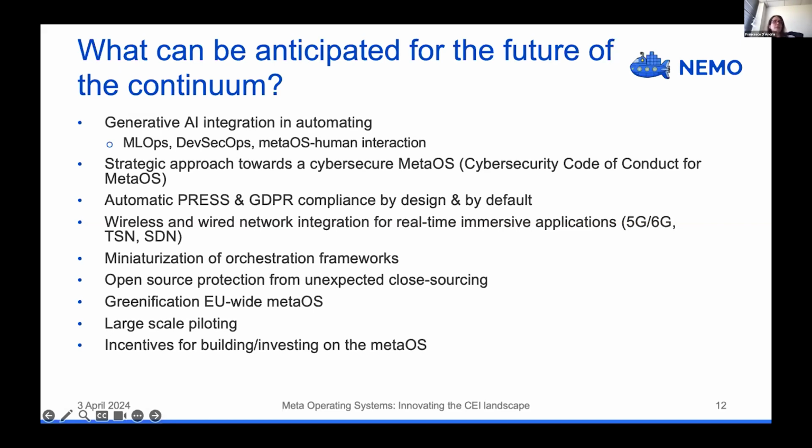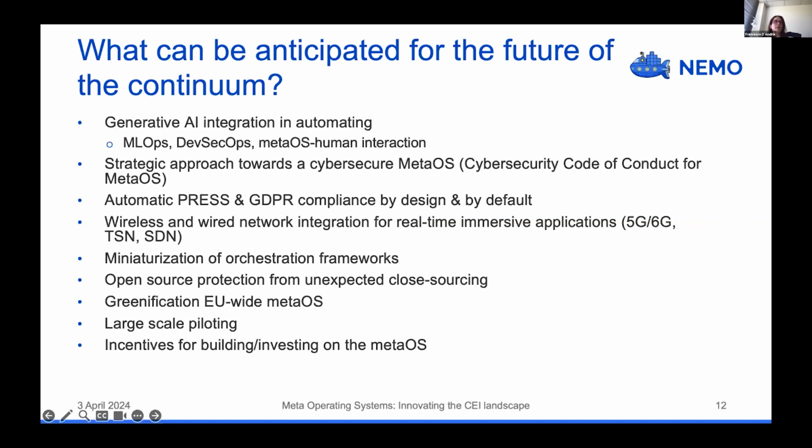So the second identified topic would be to take a strategic approach towards the cybersecurity MetaOS. We have seen and have been developing or adopting common cybersecurity practices, but I think that this is done in somehow a fragmented way.